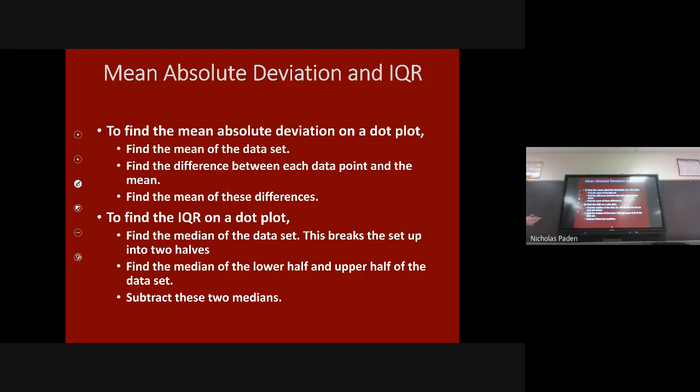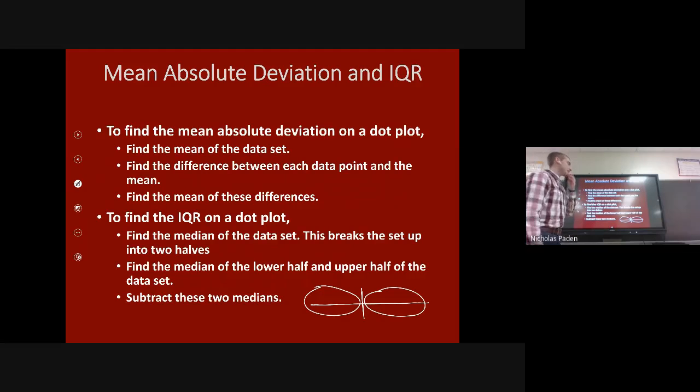And so to find the IQR, if it says compare the variations, we would find the median. Basically we're going to split the numbers in half, one half the smallest, one half the largest. So if we had a data set, and I'll use this line to represent the data set, this would be the median because it's right in half. And then we're going to focus on both sections, the smaller section and the larger section.